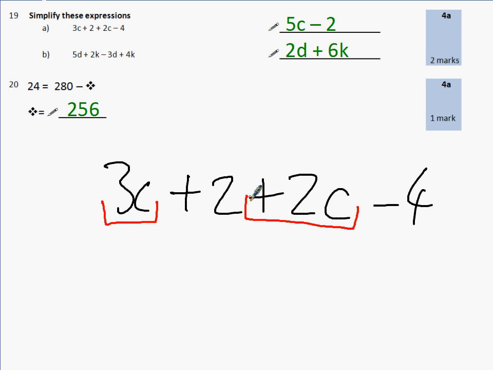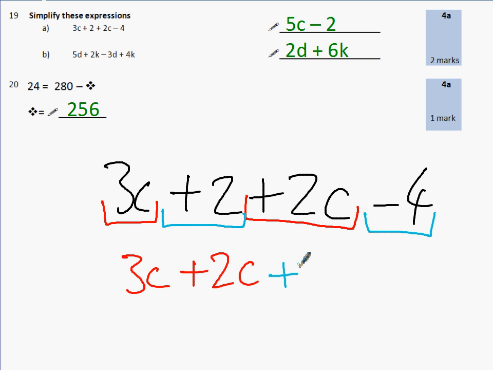Notice how I've included the plus sign to the left of the 2c. That plus goes with the 2c. So I'll rewrite that, 3c plus 2c. And then I'm going to push this constant and this constant over to here. Plus 2, the plus goes with the number to the right, and take away 4.